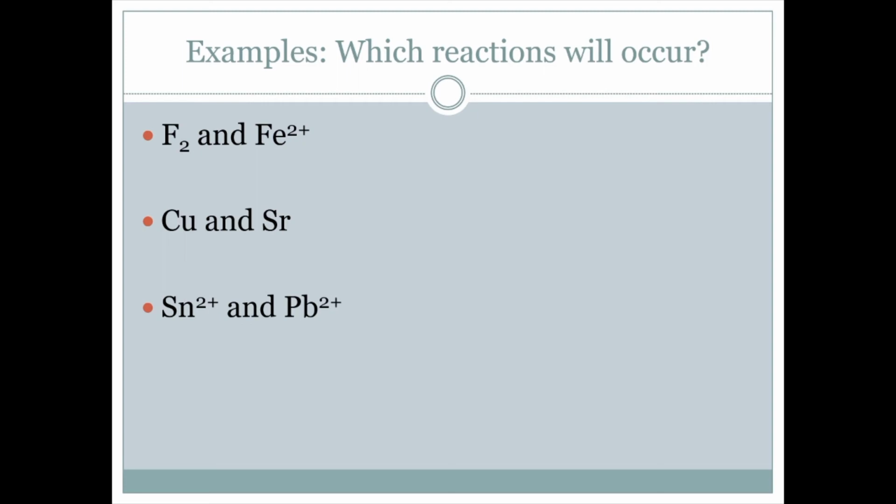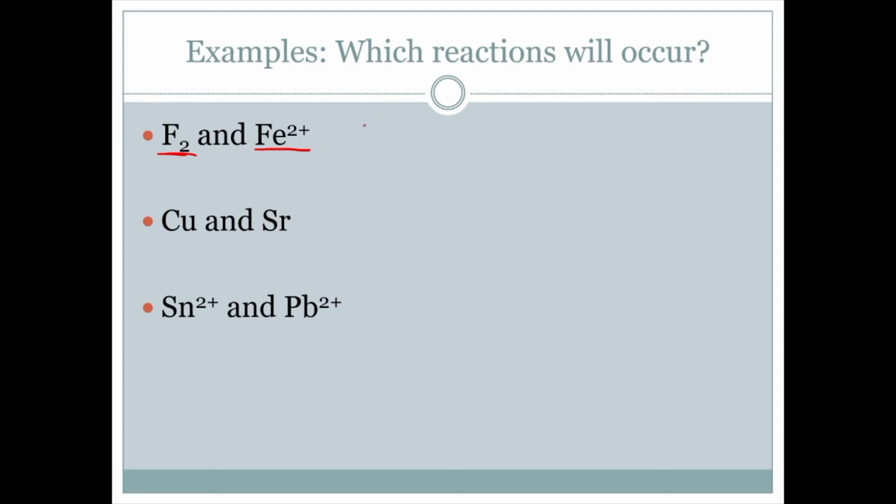Alright, so the first one, we've got Fe2 plus and F2. So F2 is the strongest oxidizing agent on your table. So as long as Fe2 plus is anywhere below F2, then this reaction will occur. And Fe2 plus does show up. It shows up in 2 places, one as a reducing agent and one as an oxidizing agent.